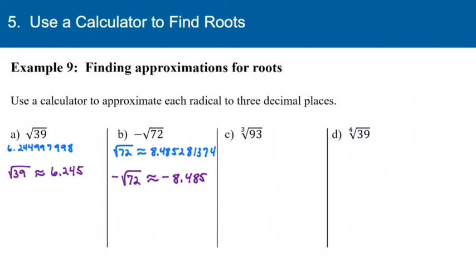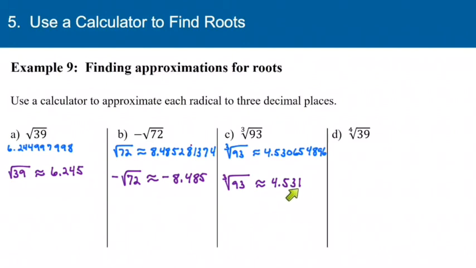So if you do it right, the third root of 93 is going to be approximately equal to 4.530654896. And again, we need to round to the third decimal place, which is this 0 right here. The digit after the 0 is 6. That's big enough to make me round my 0 up to a 1. So the third root of 93 is approximately 4.531.